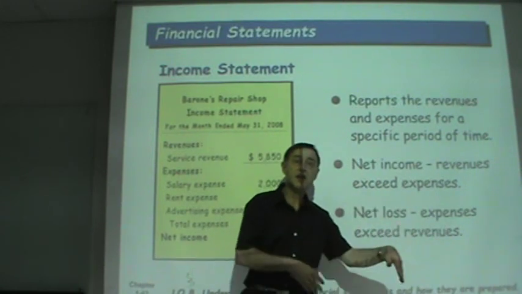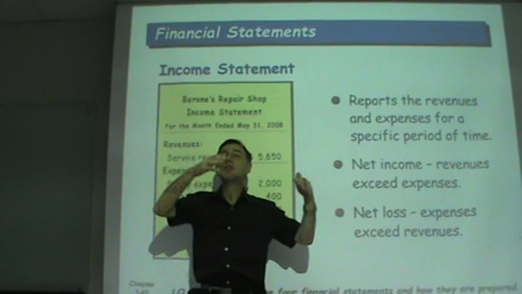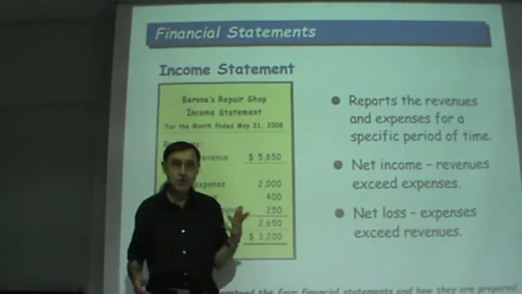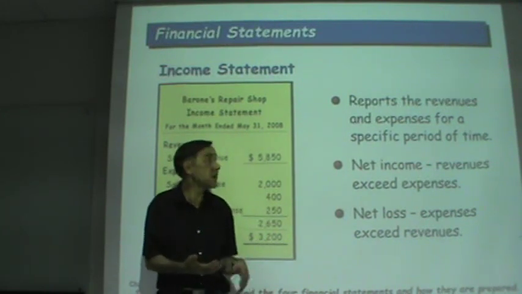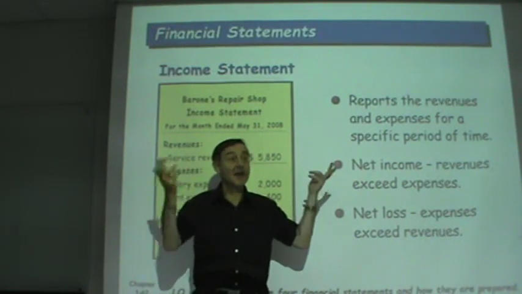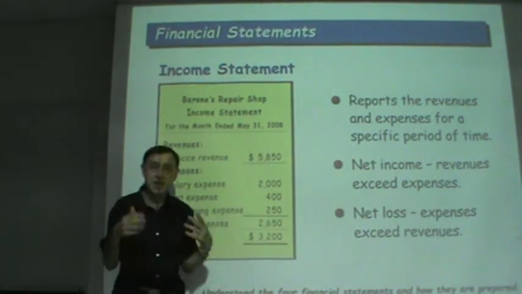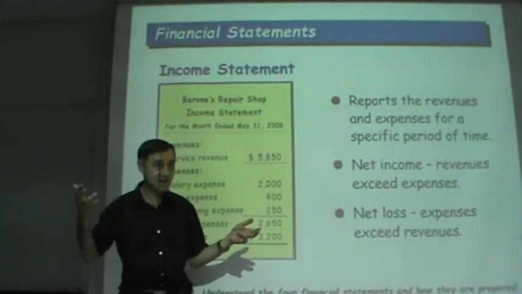For 1 week, or for 1 month, for 3 months, for 6 months, or for a full year. The most common one for small businesses is every month. At the end of the month, you want to see how much money you made. So, the income statement is about making money, which we call profit.